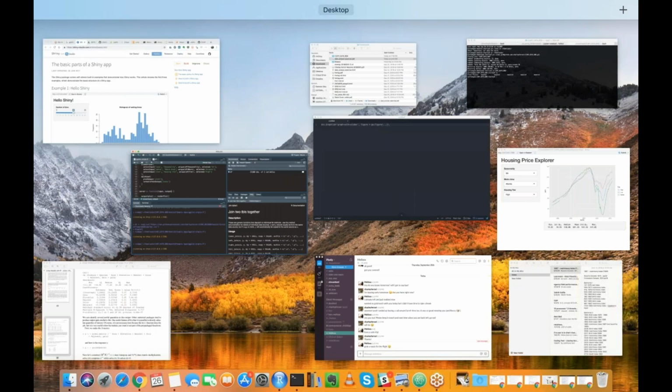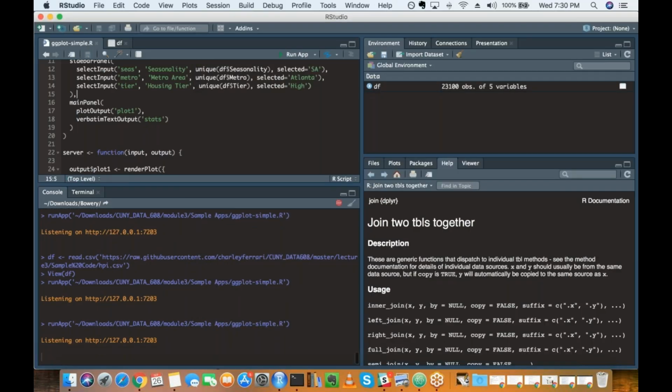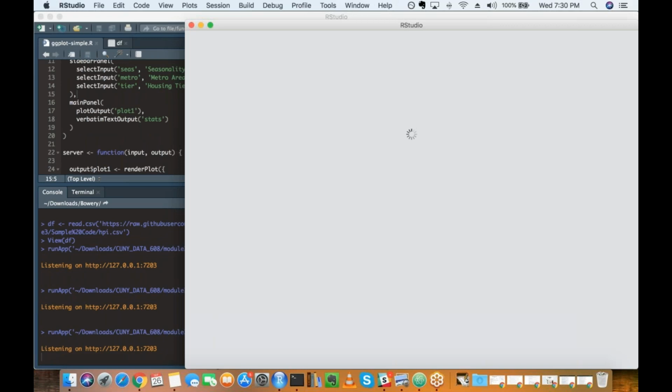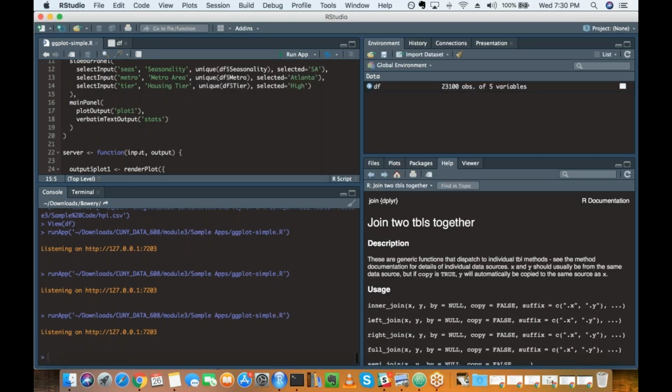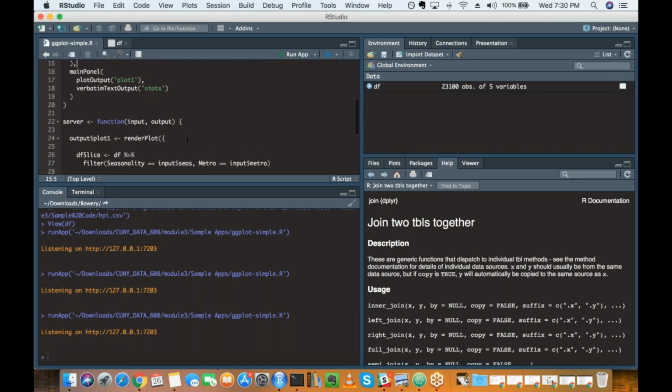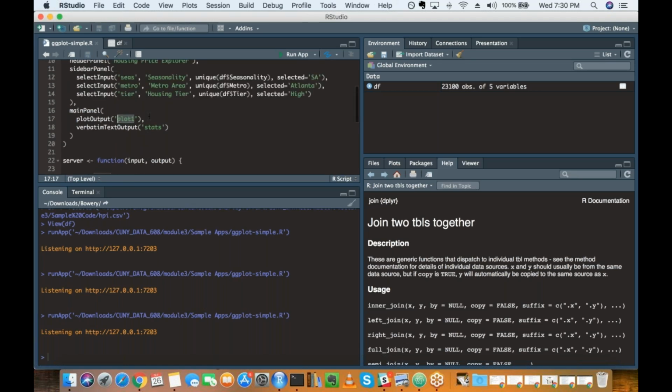So I could save it and rerun it. I don't know why I kept that there, but your server is a function of your inputs and your outputs. And you're referencing these inputs and outputs the same way that you reference anything in R, but in particular, you're referencing them using these sorts of tags.